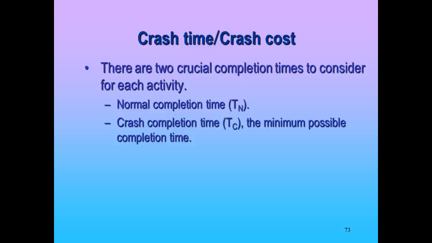Let's say activity A normally takes 10 days. So we're going to say that T sub n, which is normal time to complete it, is 10 days, and its normal cost, let's say, is $1,000.